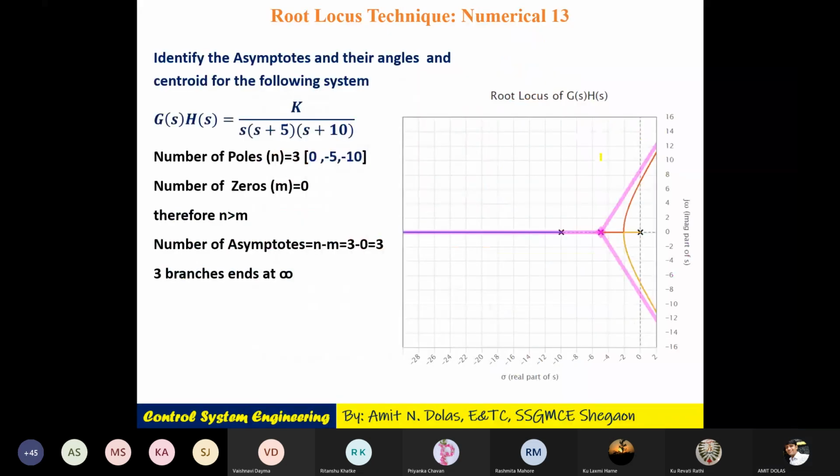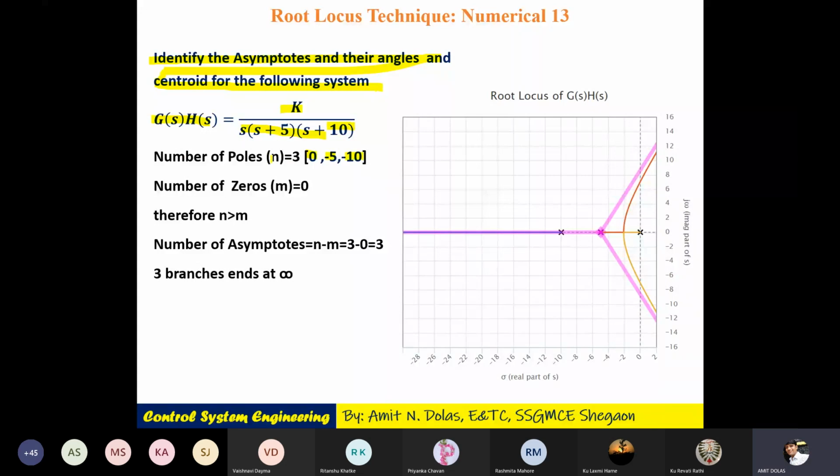Okay, let's see. Now the transfer function is changed. Identify the asymptotes, their angles and the centroid for the following system. We have to find all three. The system is K upon s into (s plus 5) into (s plus 10). So obviously there are three poles here: s equal to 0, a simple pole, s equal to minus 5 and s equal to minus 10.